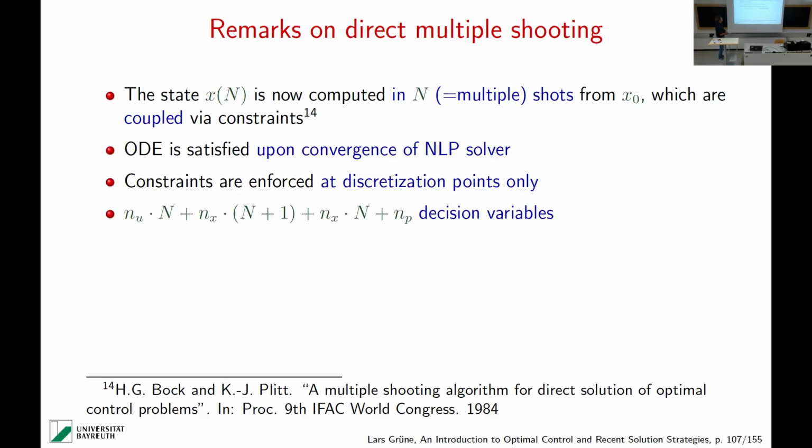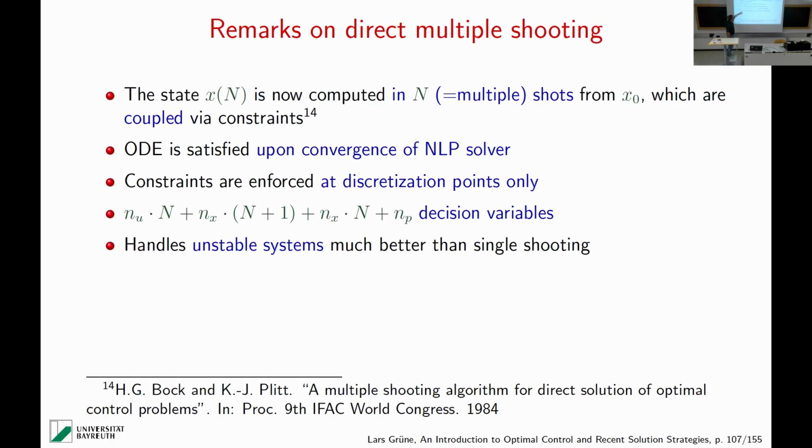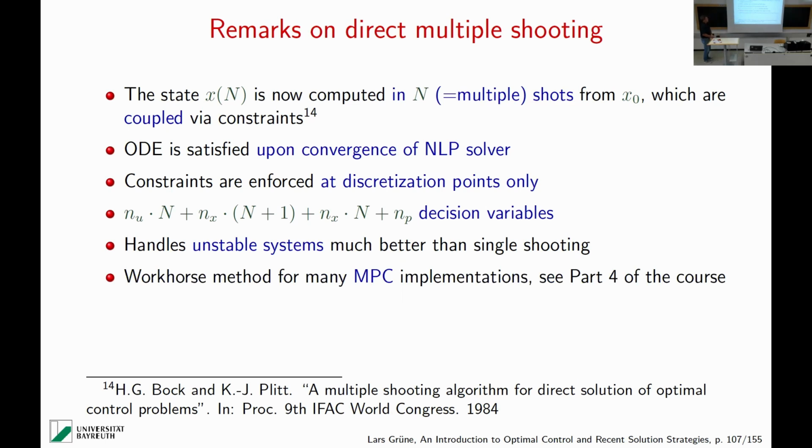Let me skip the comments here because they maybe just say that this multiple shooting is really the method of choice for unstable systems. It's much better than single shooting. This direct method with multiple shooting is the method of choice, for example, in model predictive control. And the reason is that it's very, very reliable, right?